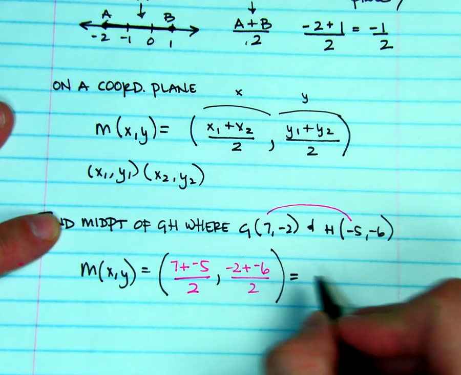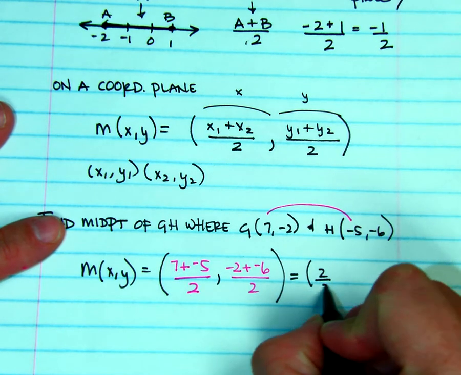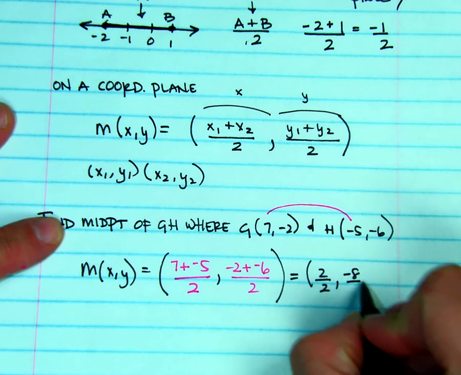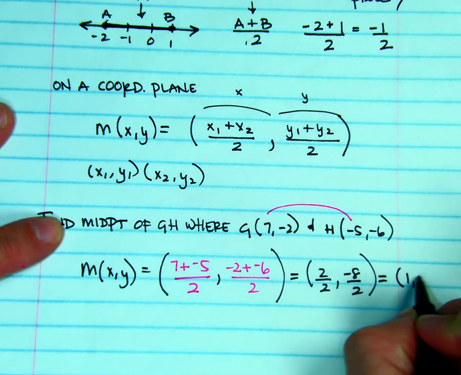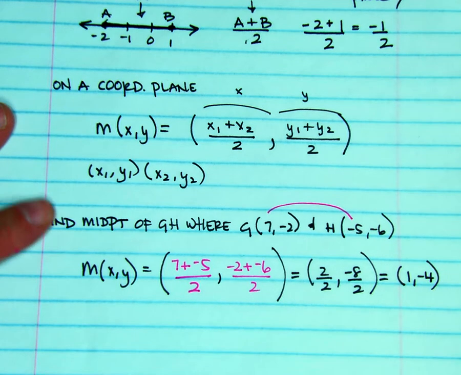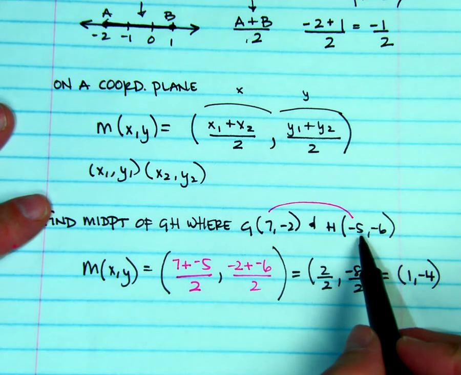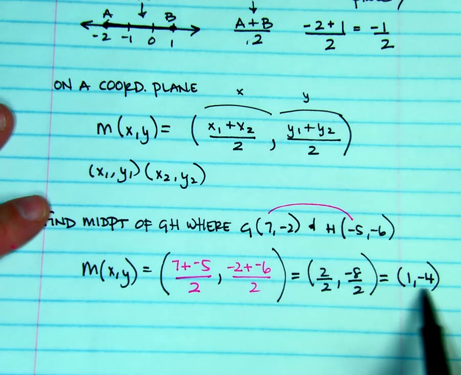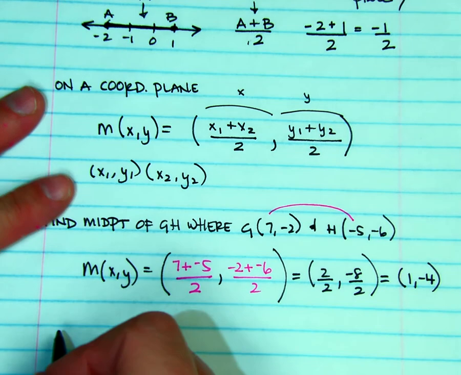If I simplify, 7 plus a -5 is 2 over 2. -2 plus a -6 is -8 over 2, which gives me the ordered pair 1 and -4. So if I were to graph 7 and -2, and graph -5 and -6, then the midpoint would be at the ordered pair 1 and -4.